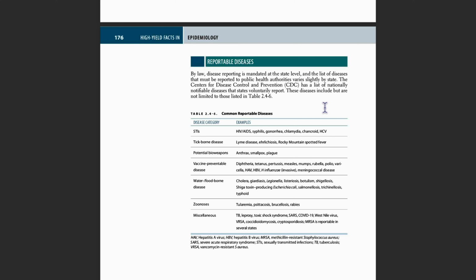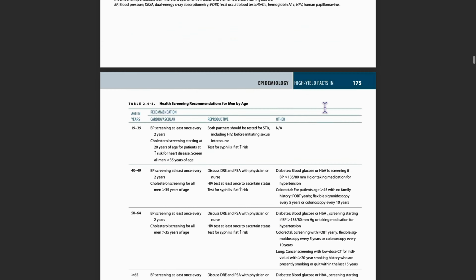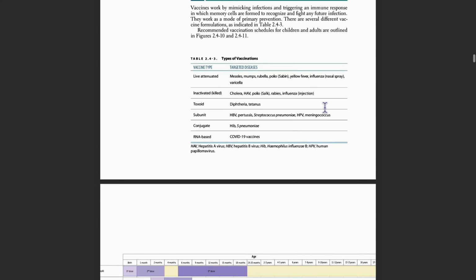Miscellaneous: TB, leprosy, toxic shock syndrome, SARS, COVID-19, West Nile virus, VRSA (vancomycin resistant SA), coccidioidomycosis, cryptosporidiosis, and MRSA is reportable in several states.